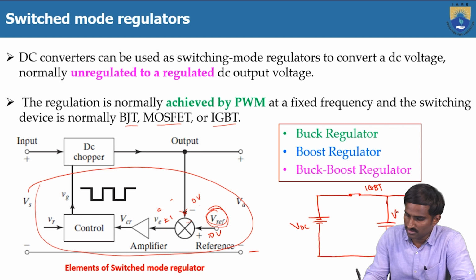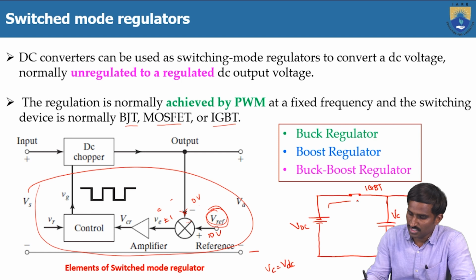Let me consider it VC. So here VC is equal to VDC, and the capacitor voltage gradually rises and will reach a certain value, VC equal to VDC. Then the capacitor will stop charging.